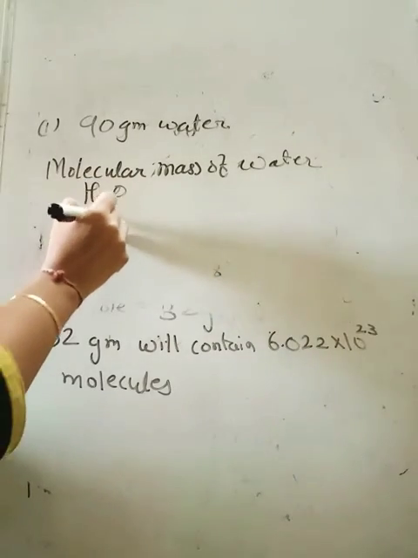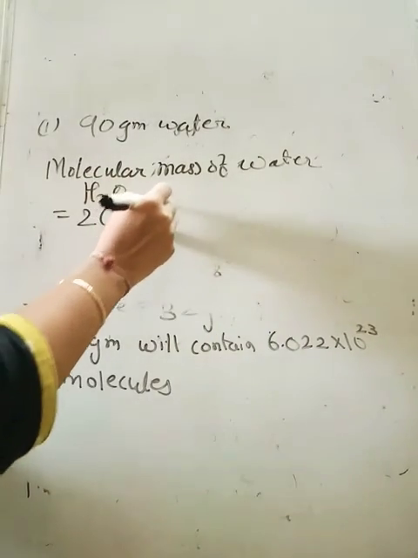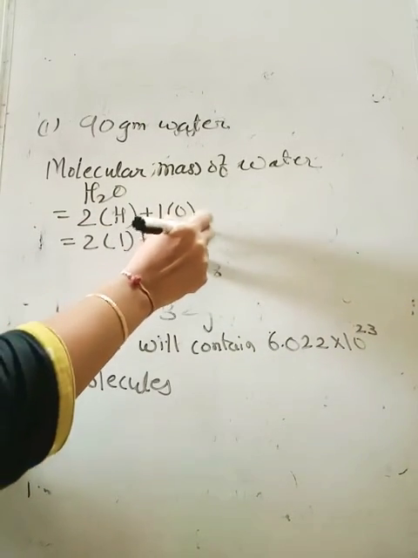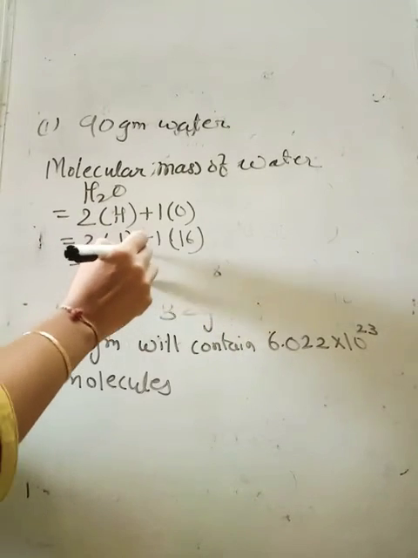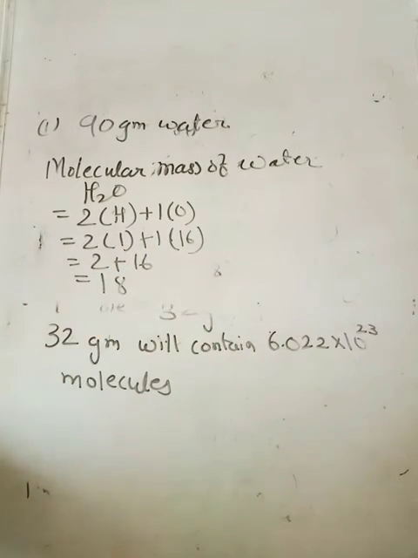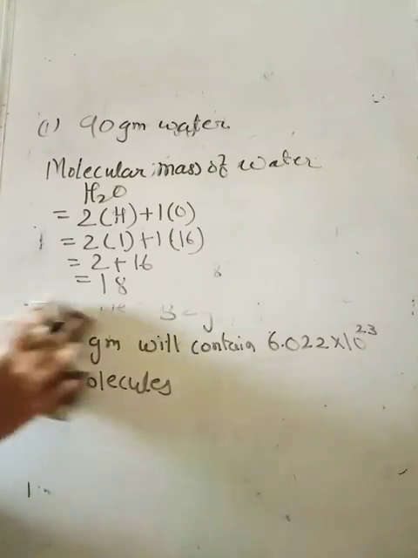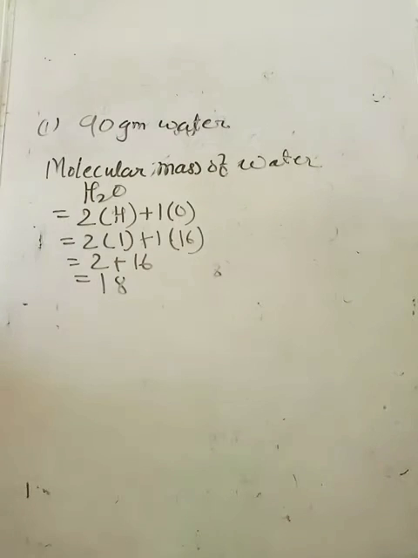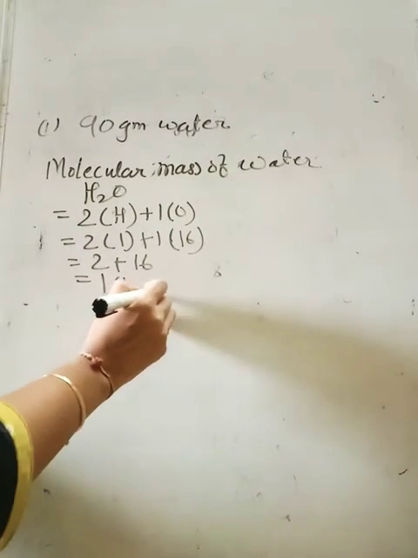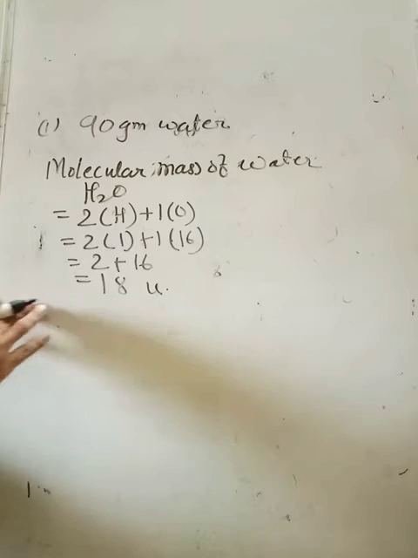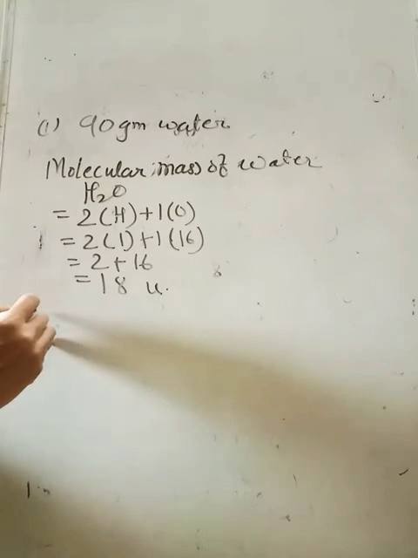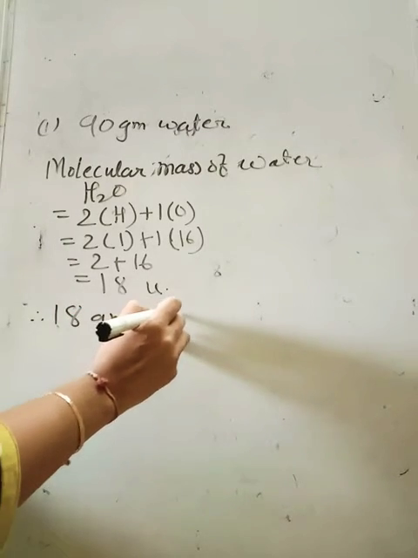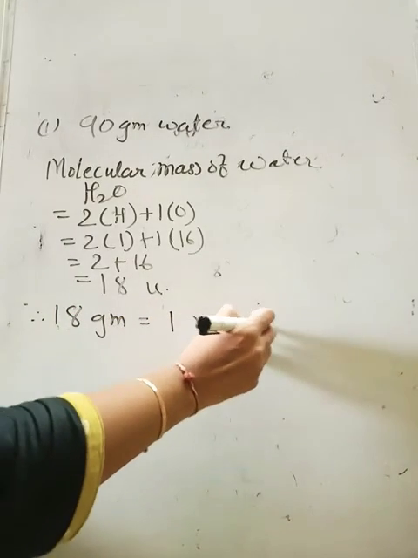So it is 2 atoms of hydrogen plus 1 atom of oxygen. So 2 into 1 plus 1 into 16. So 2 plus 16, that comes out to be 18 Dalton. So 18 grams is equal to 1 mole of water.